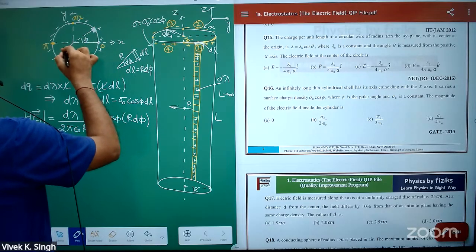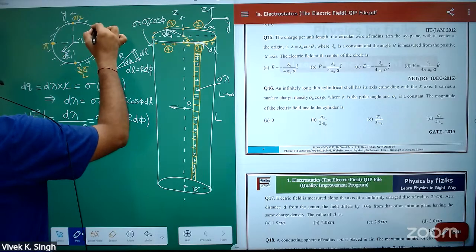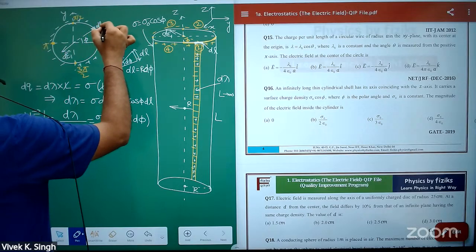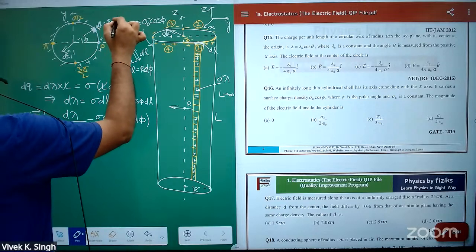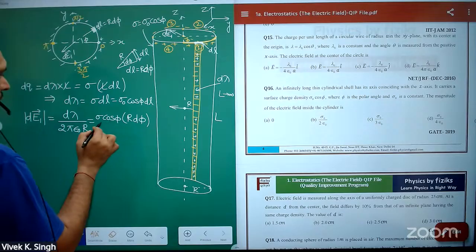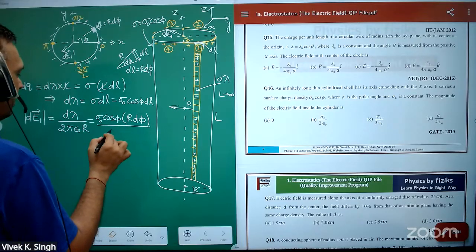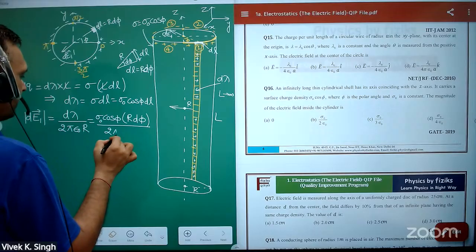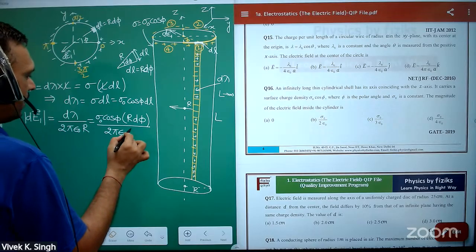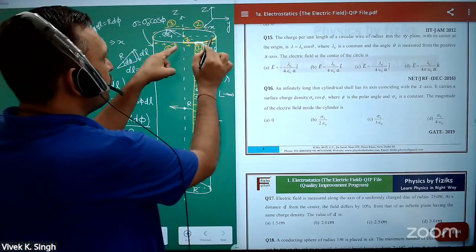So at this point, the electric field is dE1, and this is dl, and dl is given by r d phi. Clear? So this is sigma naught cos phi r d phi by 2 pi epsilon 0 r.